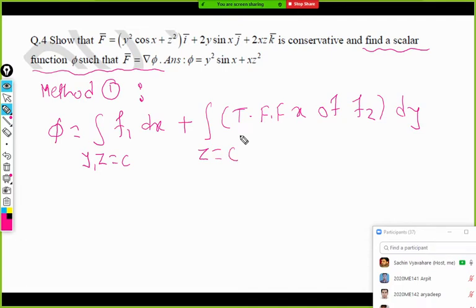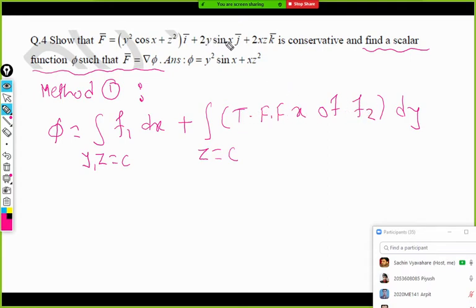Now first, how many terms are there in f1? Two terms. Terms are separated by addition and subtraction. So y square cos x is one term and z square is the second term. We keep f1 as it is. Now we have to take only those terms of f2 which are free from x.